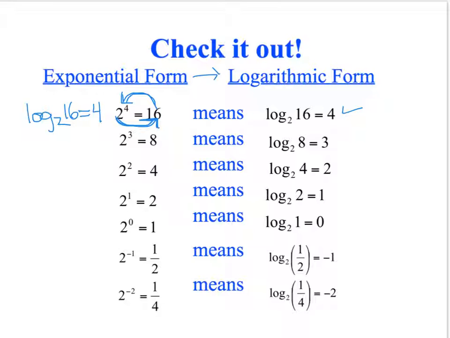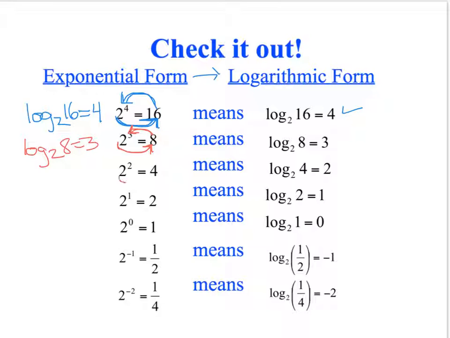So let's look at another one. Log base 2 of 8 equals 3. So start with the word log, base 2, where my arrow starts, of 8. And then the next arrow is equals 3.